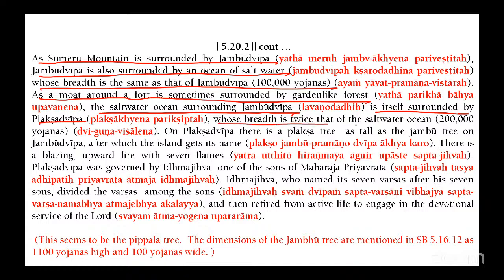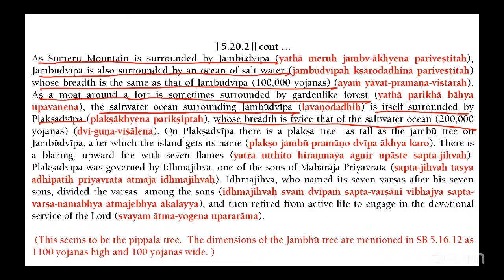whose breadth is twice that of the saltwater ocean. This means that surrounding the saltwater ocean, which is 100,000 yojanas in breadth, there is a concentric circular island, and this is twice the width of the saltwater ocean, and this is called Plakshadweep.